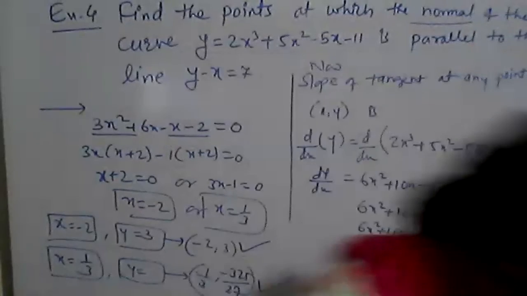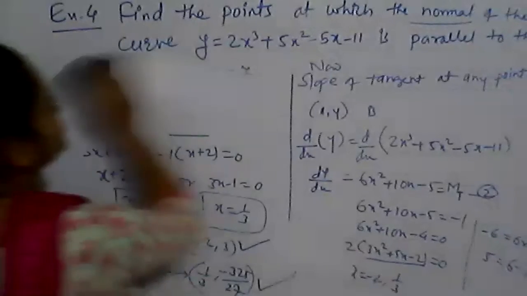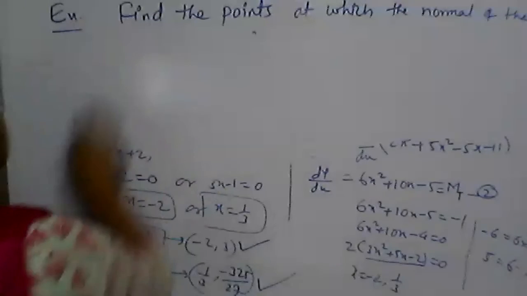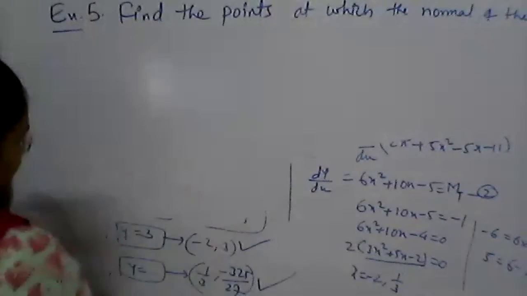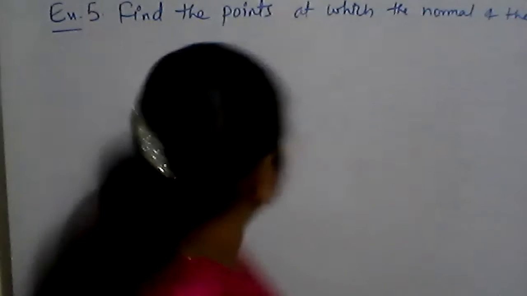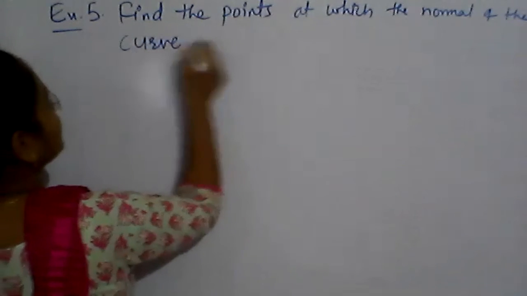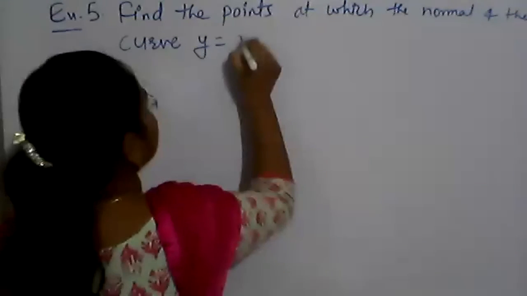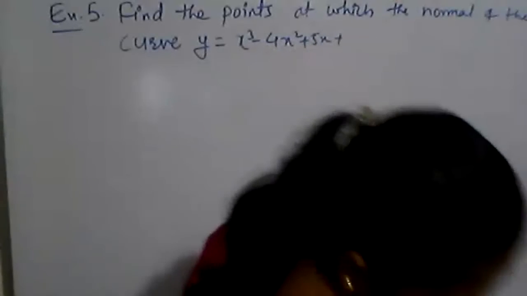So the fifth question is, find the points at which the normal of the curve y equals to x cube minus 4x square plus 5x plus 7.